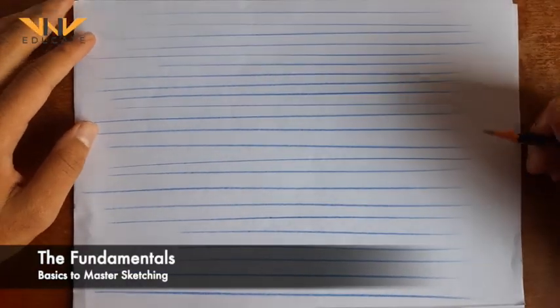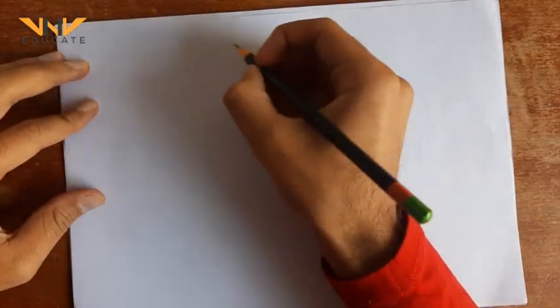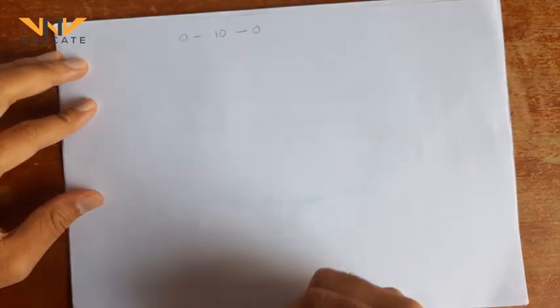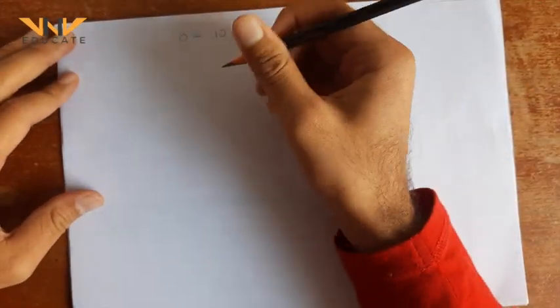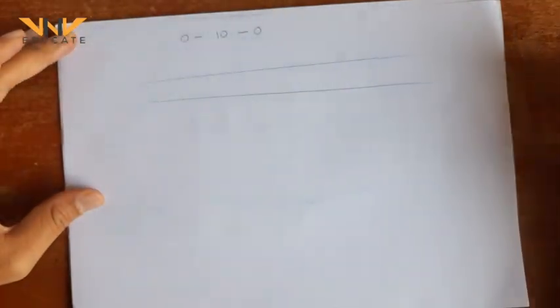Lines. Now, lines form a basic entity of every sketch. The approach that we'll take to sketch these lines is something like this. So, we usually take the 0, 10, 0 rule, wherein you sketch a line in a very dynamic way. This is a straight line.